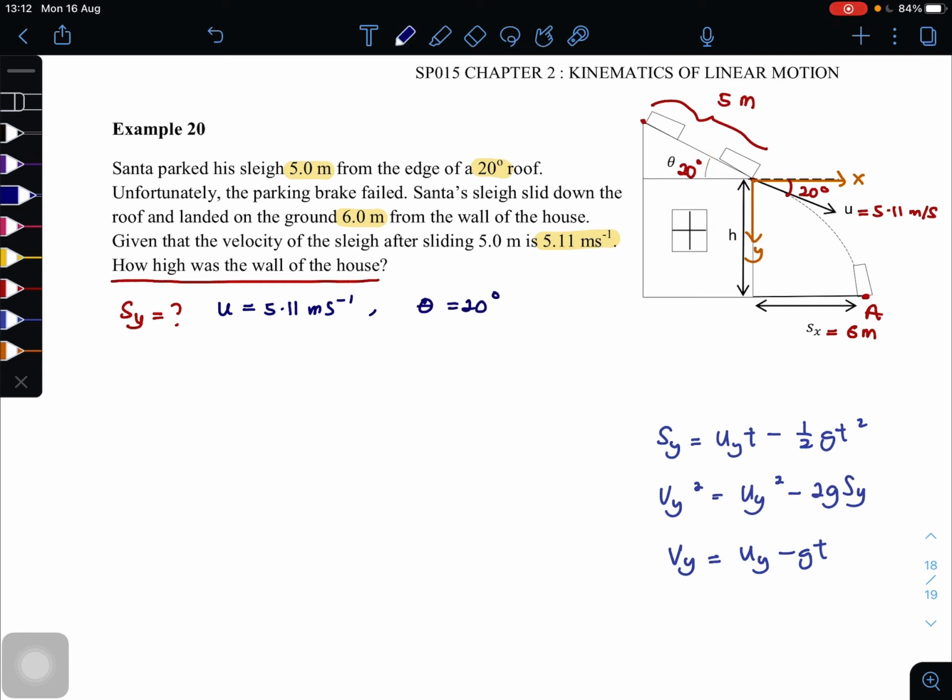So just resolve the X component: UX equals 5.11 cos 20, which is equal to 4.8 meters per second.